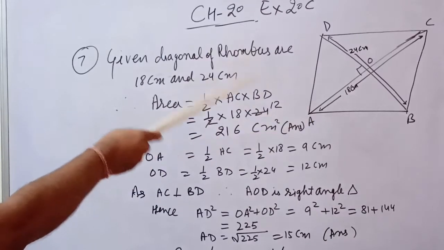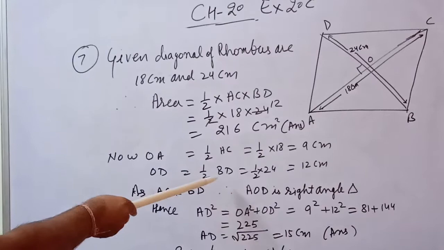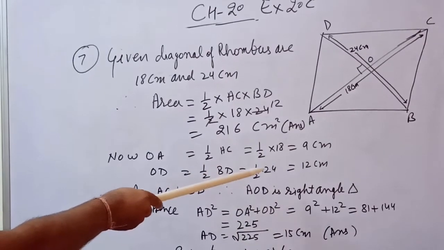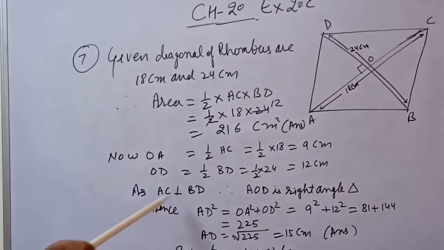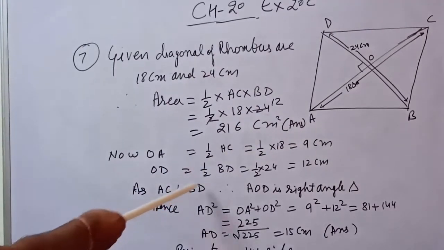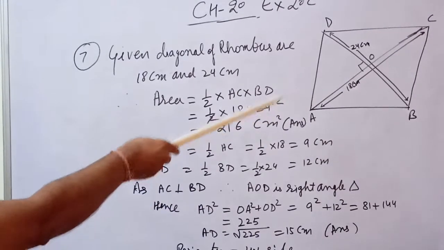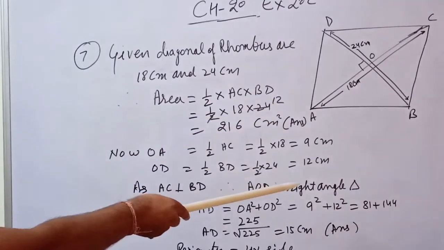Similarly, OD is half of BD, 1/2 into 24, that is 12 centimeter. As AC and BD are perpendicular to each other, triangle AOD is a right angle triangle.